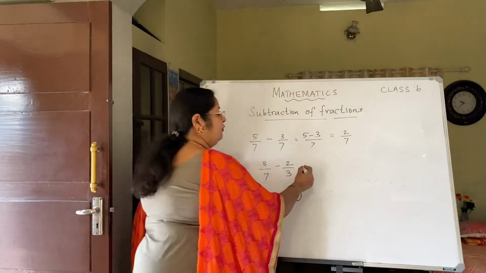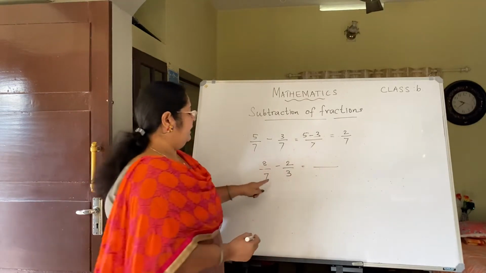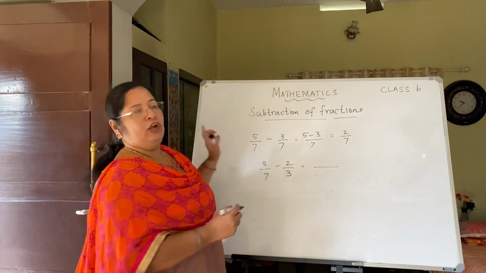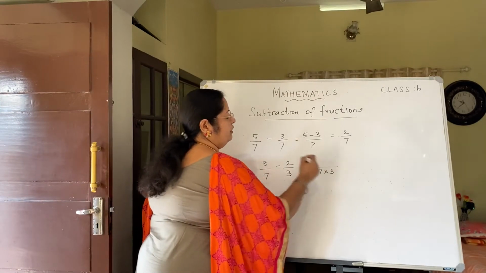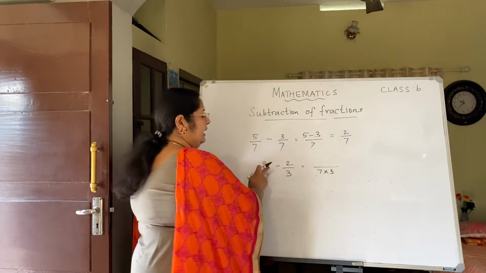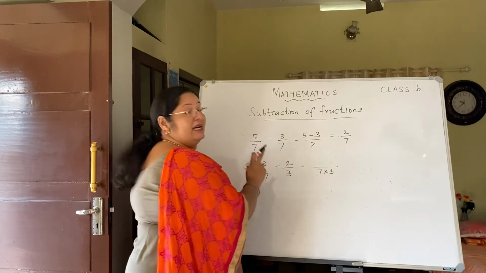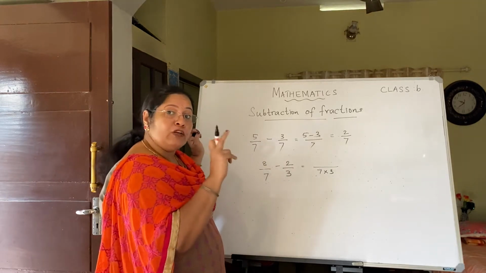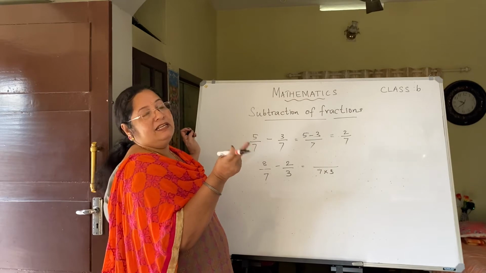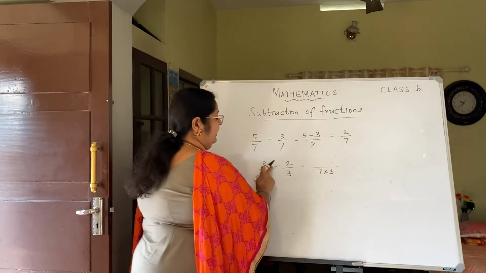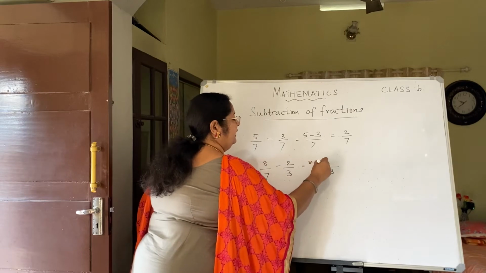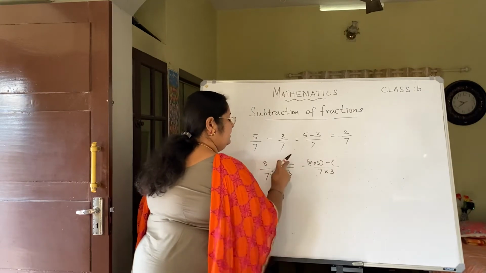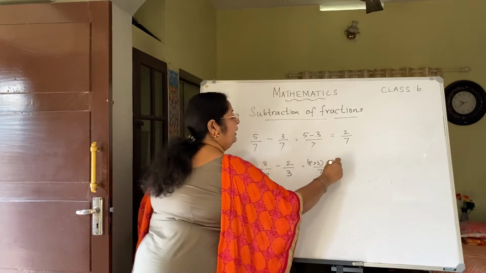So here, the denominator will be the product of the denominators. What are the denominators? 7 and 3. So the product of 7 and 3, 7 into 3. And the numerator will be the difference of the cross products. So 8 into 3, this cross product, minus the other cross product, 2 into 7.